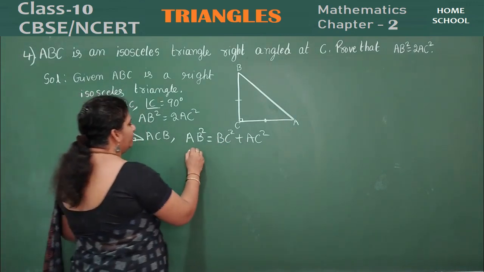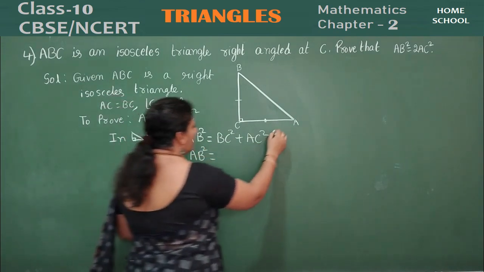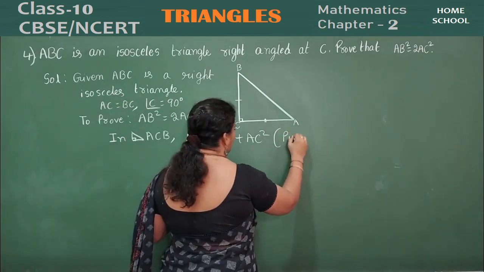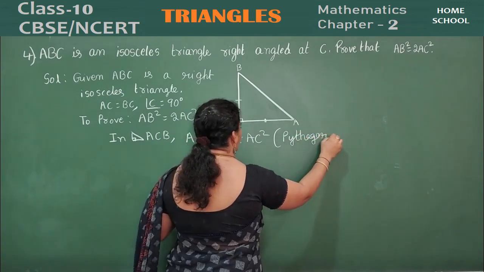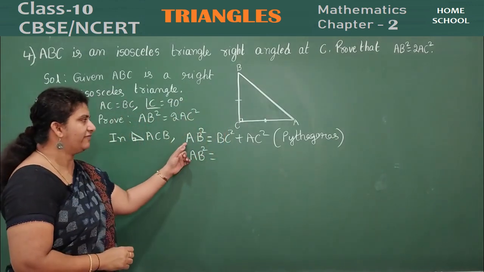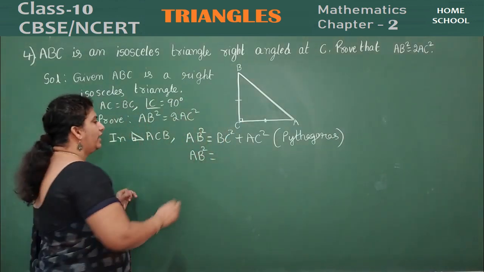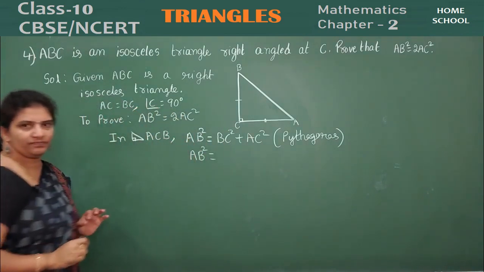So now, AB square, how did I write the statement? By Pythagoras theorem. Okay, by Pythagoras I have written the statement. Now, AC is equal to BC.